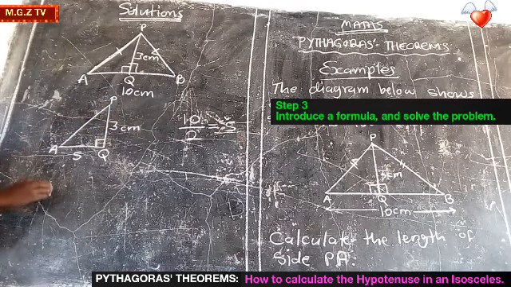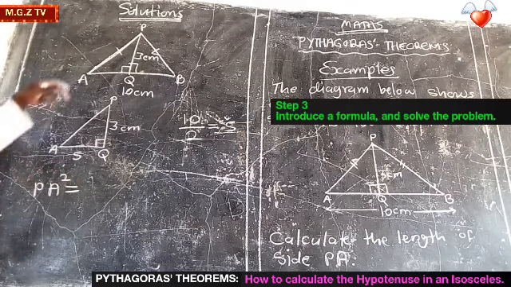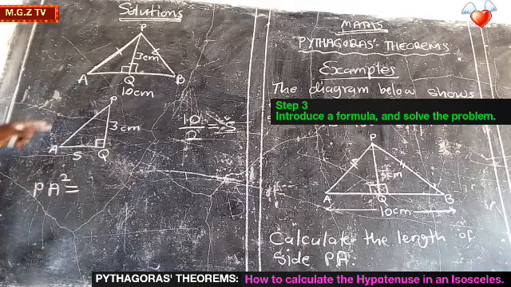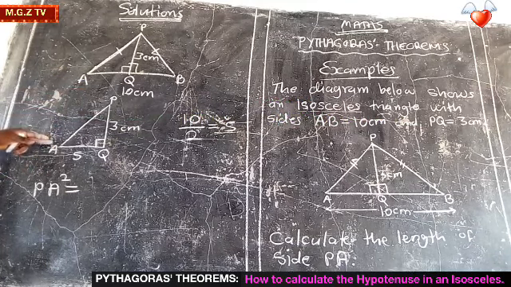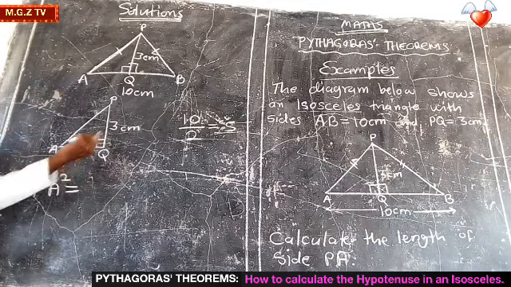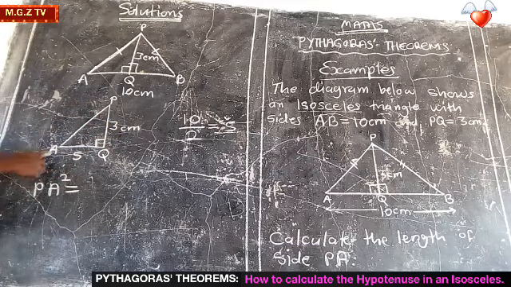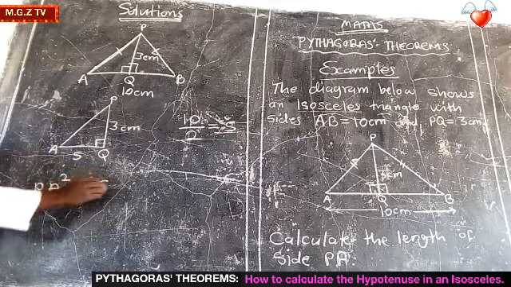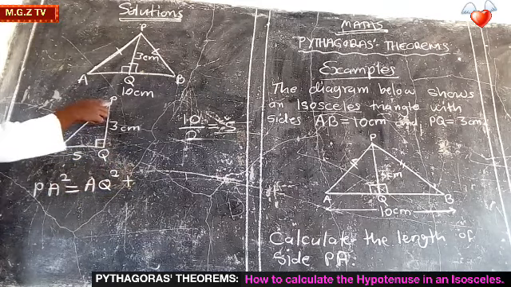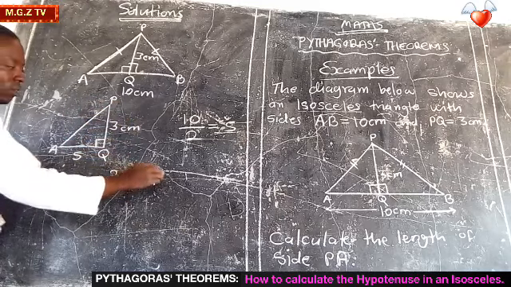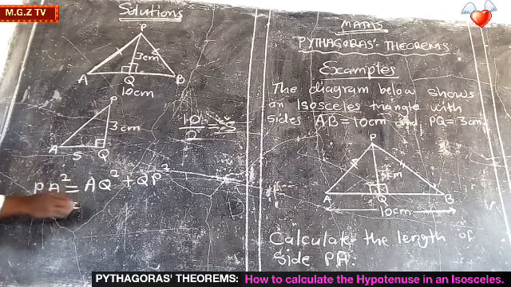So we say PA power 2 is equals to, when finding this length, do we add or subtract? Here we add. So when you're adding, you can begin with any side, either this one or this one, because it's just adding. So for AQ, you write AQ power 2, then plus QP power 2. What to do next?